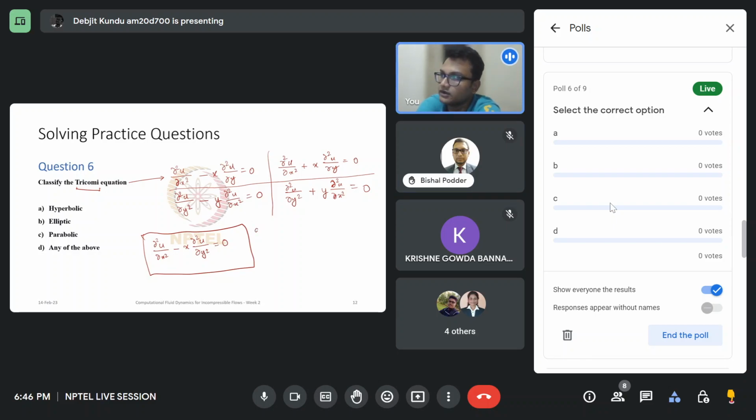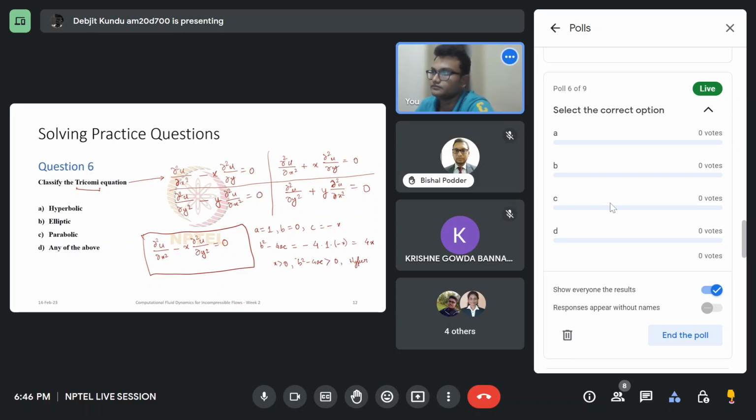So let me try to do what you just said. You said A is 1, B is 0, and C is minus x, correct? Then b square minus 4ac is 0 square minus 4 into 1 into minus x, so basically 4x, correct? If x is greater than 0, then this is also greater than 0, and in that case it is hyperbolic.